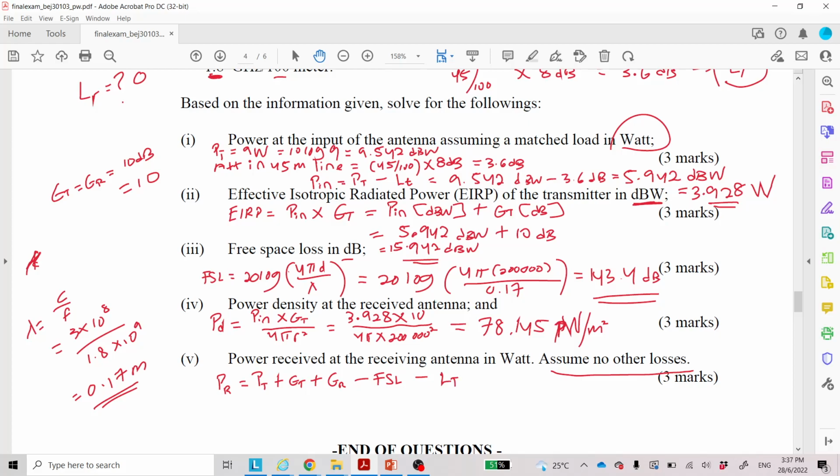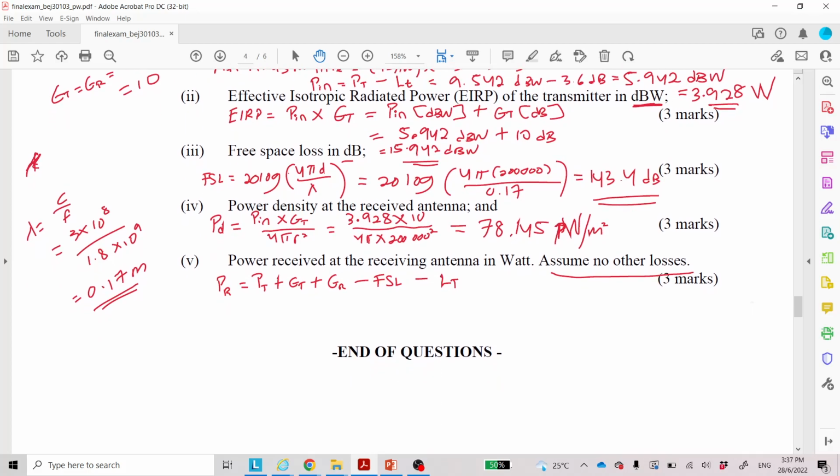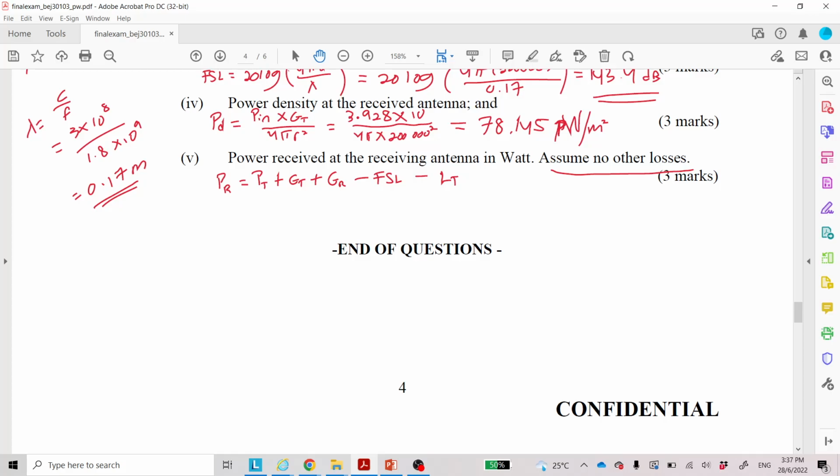So therefore this is PR in dBW. I'm afraid if I do it like this, you will make a careless mistake. Maybe I will do it over here. So let's cancel this one. Let's do PR over here.